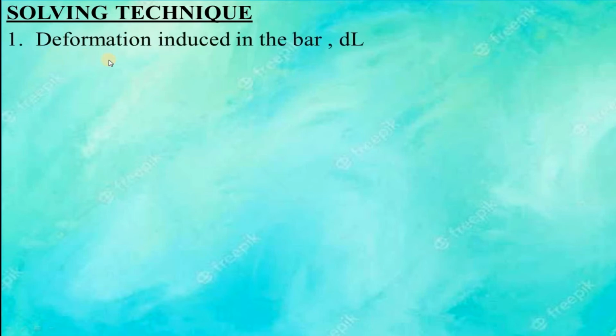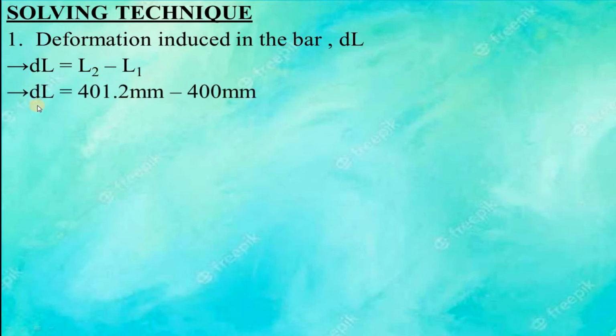First we will find the deformation value of the bar, which is taken as dl. The formula used for finding the value of deformation of the bar is dl is equal to L2 minus L1, where L2 is final length of the bar, L1 is initial length of the bar. We know the values of L2 and L1, so just substitute the values.